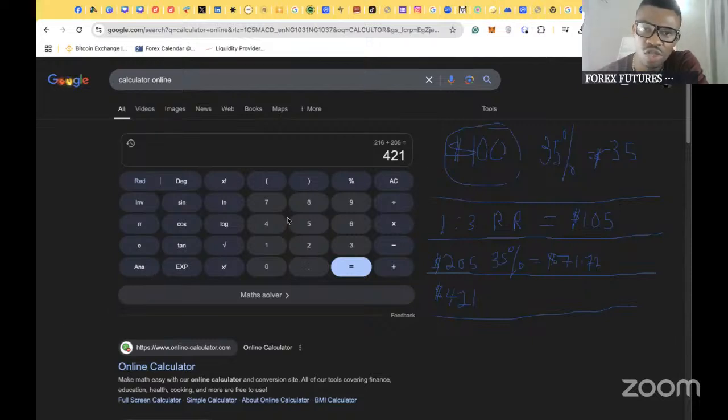that will give us something like 30% times 421. We are going to risk $126.3. Let me write the risks first of all.